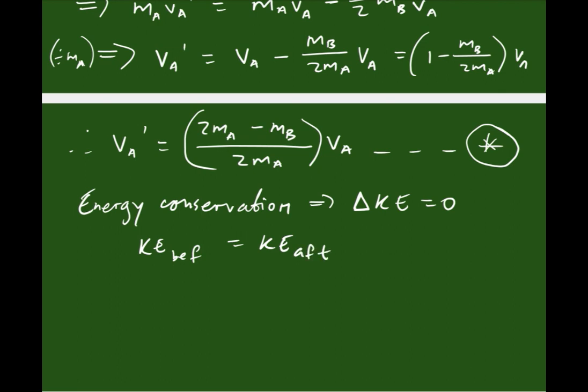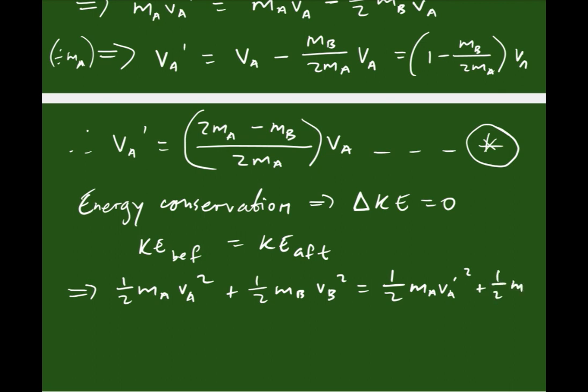So the kinetic energy before is a half MA VA squared plus a half MB VB squared, and it will be equal to a half MA VA prime squared plus a half MB VB prime squared.